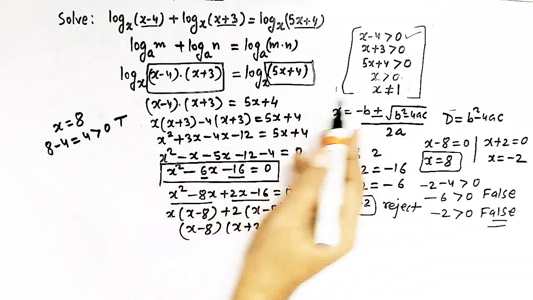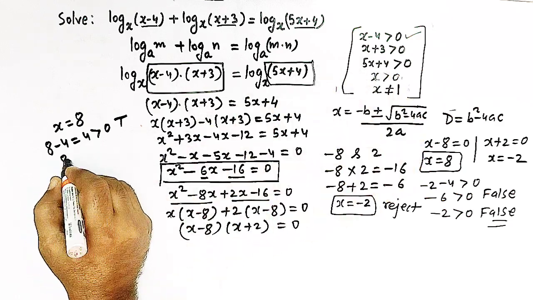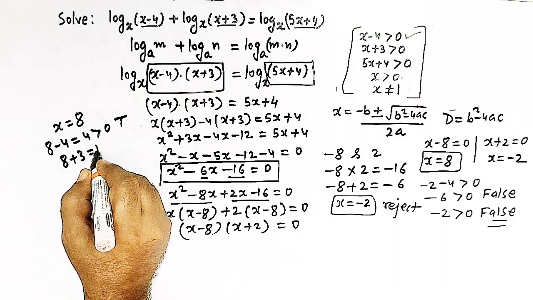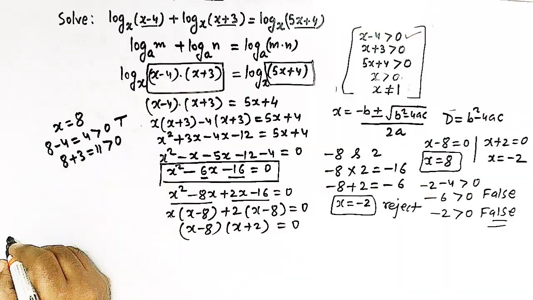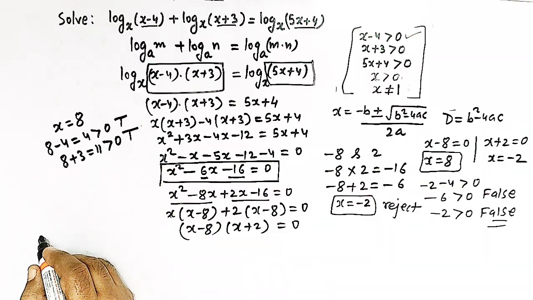So this is true. And here we have 8 plus 3, that is x plus 3. So 8 plus 3 is 11, and 11 is greater than 0. And this is again a true statement, right?